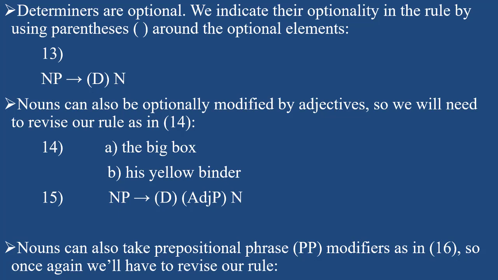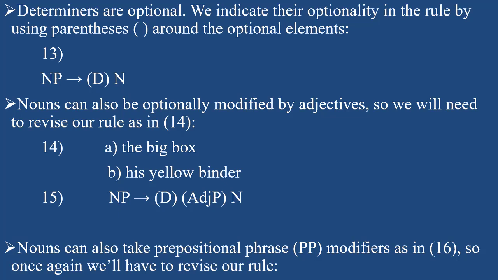We can remove it and we can still have an NP. And an optional adjectival phrase, an optional adjective. It is also optional because we can remove it and we still have an NP. And then we have an obligatory noun. So an NP consists of an optional determiner, an optional adjective, and a noun.